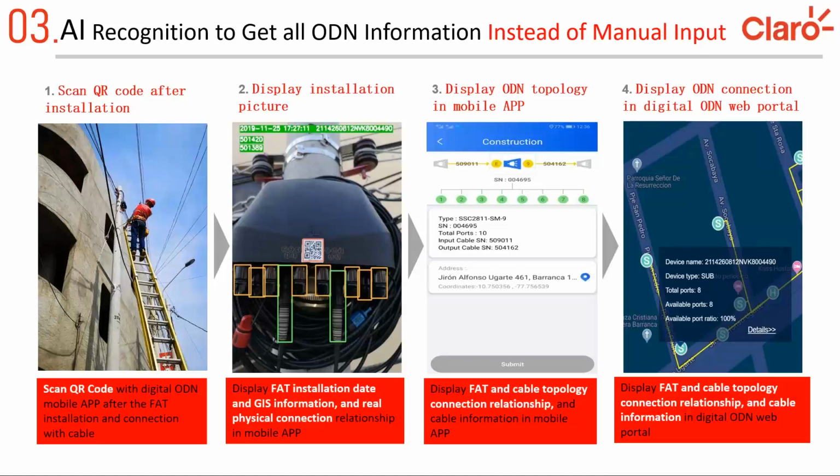And also the digital ODN can provide a topology, and the relationships between the elements that we have in the external plant. This is really important because it provides all the topology and all the scenarios, to give more tools to the operation and maintenance department.